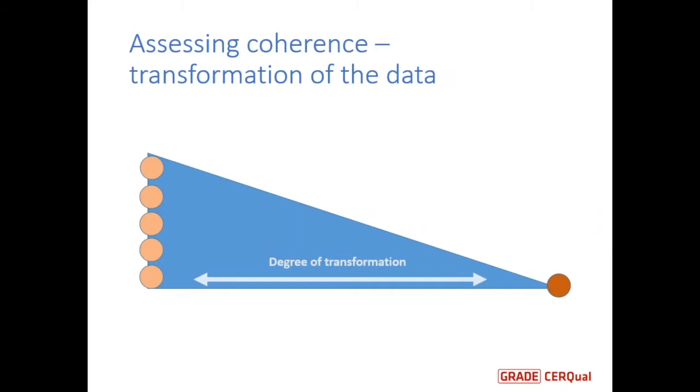So there are a number of situations where the data doesn't perfectly match the review finding. We have found that this component especially forces the review team to go back and sometimes reevaluate whether the review finding was written correctly, whether they maybe overstepped in terms of interpreting the data. They took it too far so that it actually doesn't represent the data. So it's kind of a double check for the review team to make sure that the review finding is an adequate representation of the data.